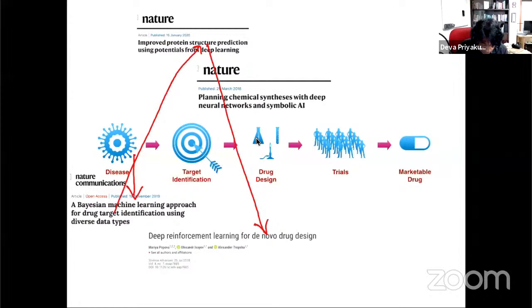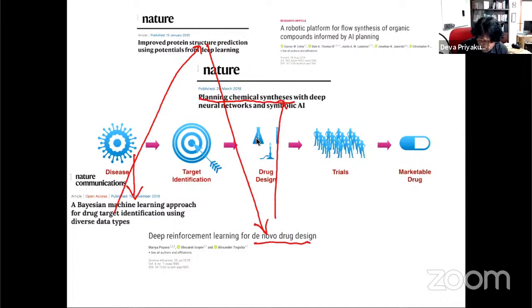Once you propose a new molecule, somebody has to make it, right? So how do I make it? I need to go back to the organic chemist and ask, how do I make it? What if there is an algorithm which says, you give me a molecule, I'll tell you exactly how to make that molecule in the lab? What if that kind of algorithm exists?